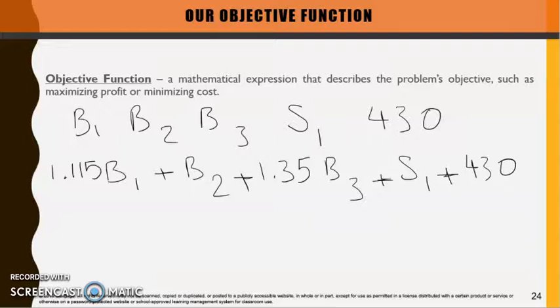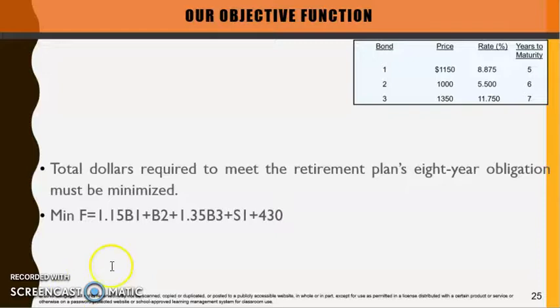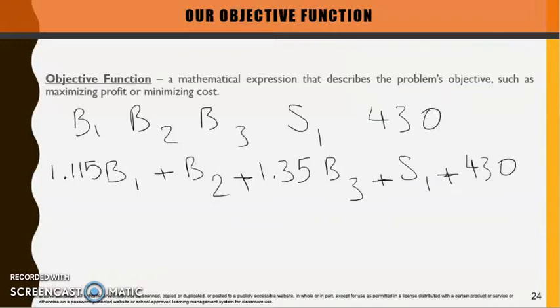So now we have our objective function. As you can see here, it means the total dollars required to meet the retirement plan's 8 years of obligation. As you can see in front of you, minimizing F is equal to the amount of money that we pay for bond 1. They are the same, except this one is an extra typo.